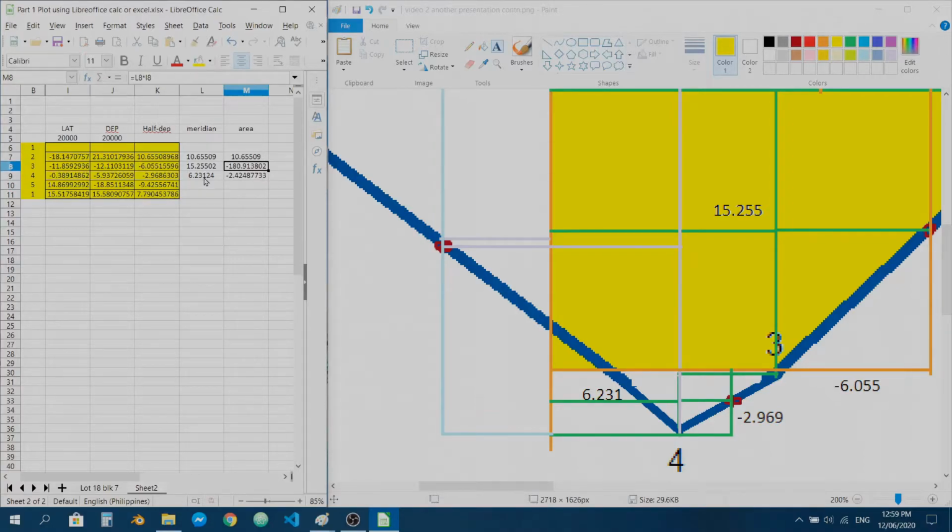Oops, negative. Oh, this one should be the meridian multiplied by its corresponding latitude. Okay, so let's highlight this. By computing that, as you can see, this is the area that is covered by multiplying the meridian of 3 to 4 by its corresponding latitude.